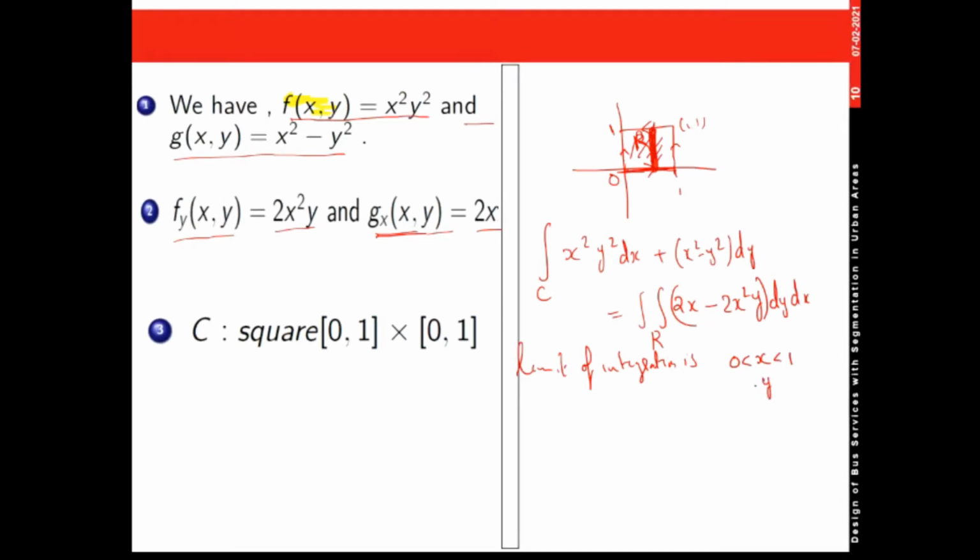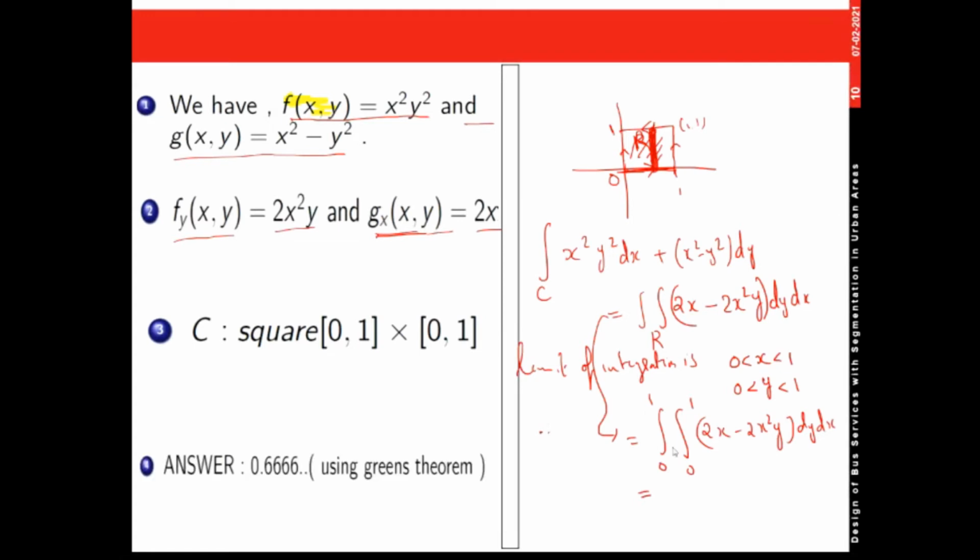So therefore our integral becomes the integral from 0 to 1, integral from 0 to 1, of (2x minus 2x² y) dy dx, or dx dy. If you integrate this, I'm not doing the integration, you will get the answer as 0.666. You know how to integrate this simple function. So the answer must be this value.